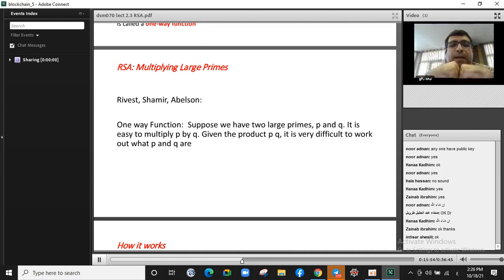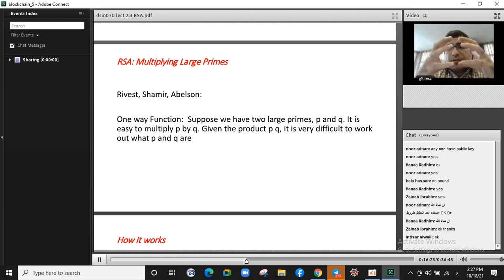Now, given the product PQ, it's hard to work out what P and Q are. We are talking about very, very big prime numbers, for example, a number with 100 digits. When you multiply such very big prime numbers, it's hard to find P and Q from the product.